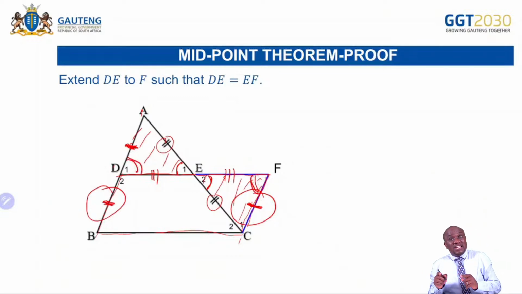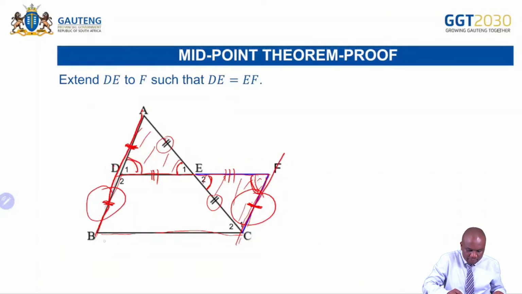If the alternate angles are equal, then the two lines are parallel, meaning that BD is parallel to CF. Therefore, we prove that BD is parallel and equal to CF. Therefore, BCFD is a parallelogram.